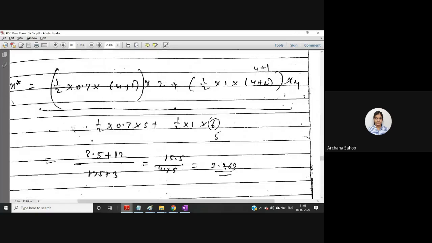So I guess the summation of the second part, half into 1 into 5 into 4, should be 10. That shouldn't be 12. So in the second step you have written 3.5 plus 12. In place of 12, it should be 10.